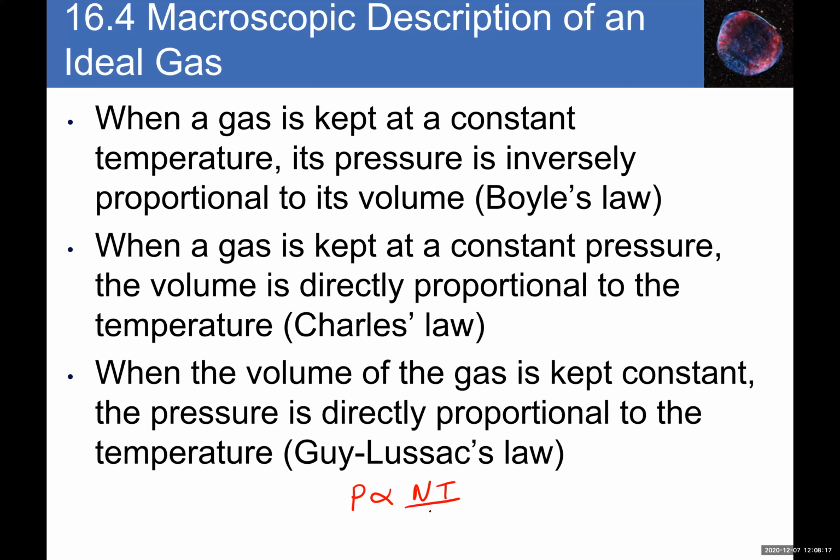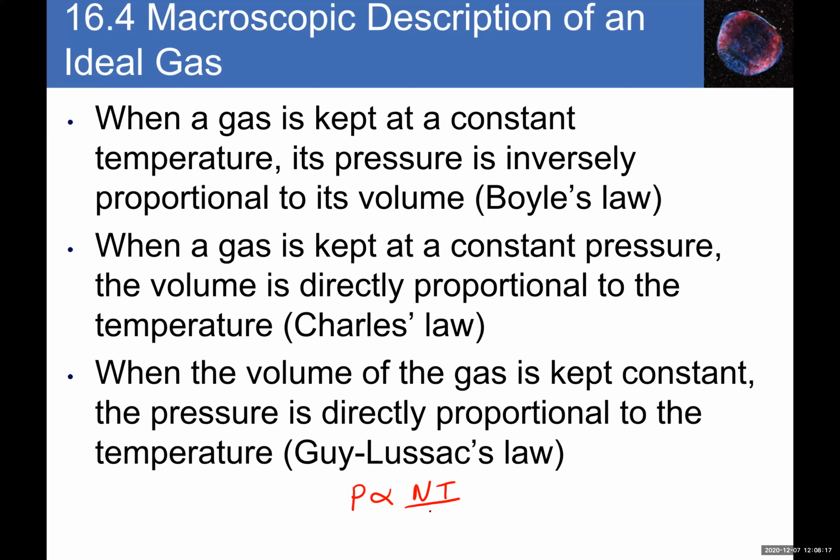Okay, that means from here I can set up an equation where if I go from the proportionality sign to an equal sign, then I can introduce a constant. But before that I can also represent it in terms of this. Remember, pressure is proportional to the number of molecules, which is the number of moles times the Avogadro number.